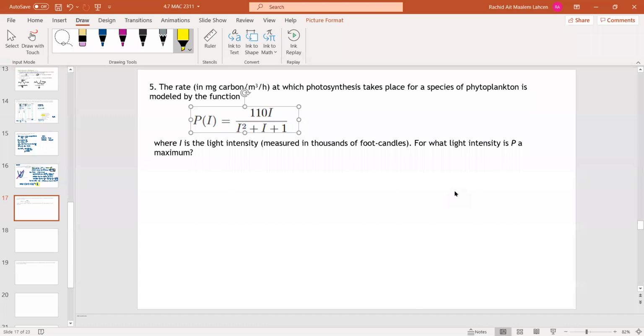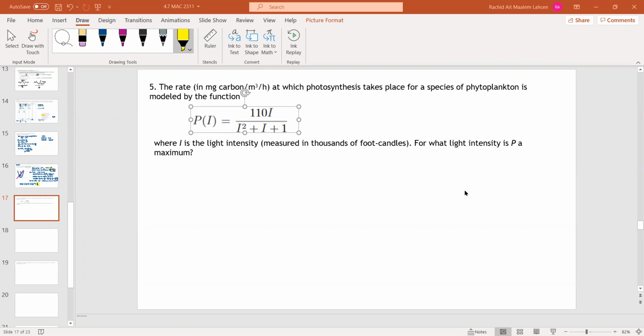For this number 5, we have a rate at which photosynthesis takes place for a species of phytoplankton, modeled with this function, where I is the light intensity measured in thousands of foot candles.